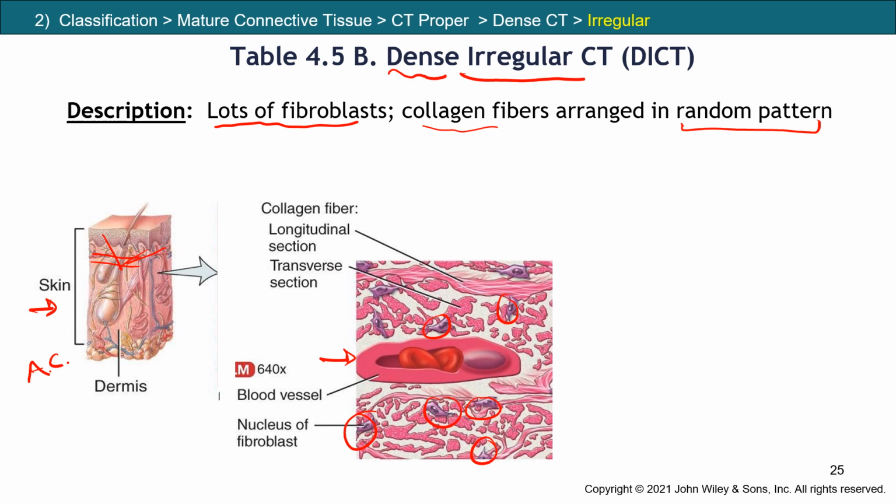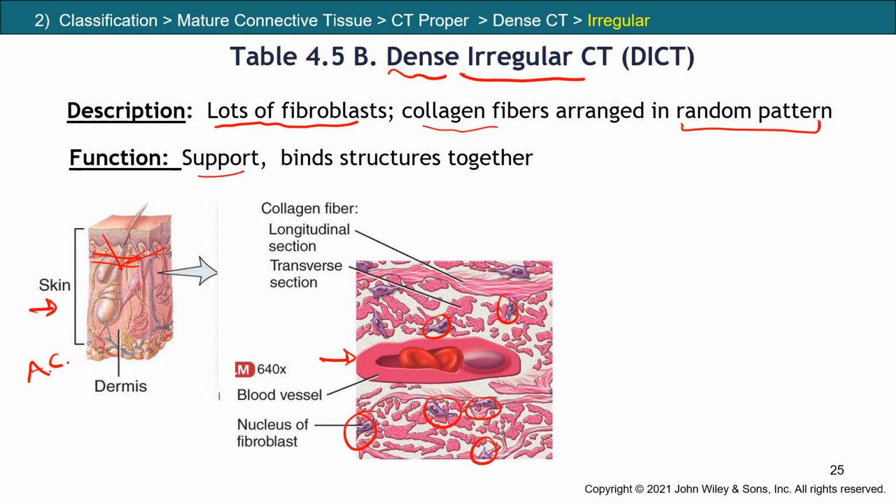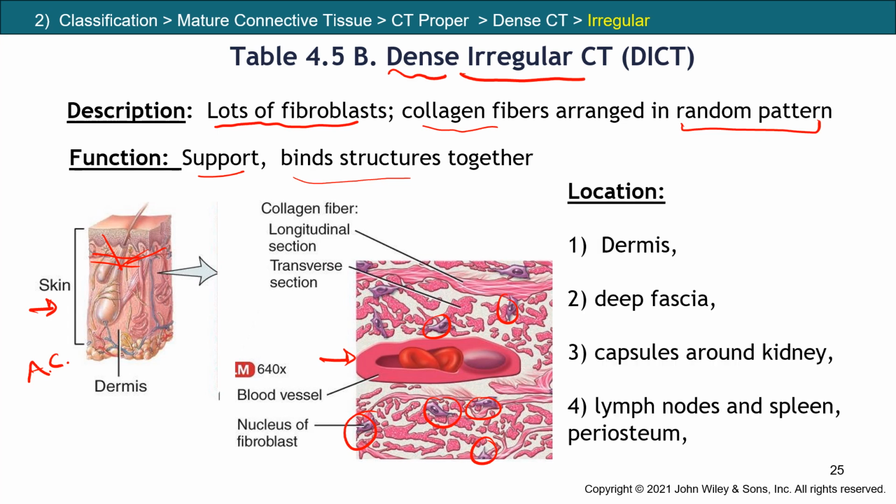That is very different. In addition, the function of this dense irregular connective tissue is first to support and bind structures together, to work as a glue between the different layers of the skin and the muscle.